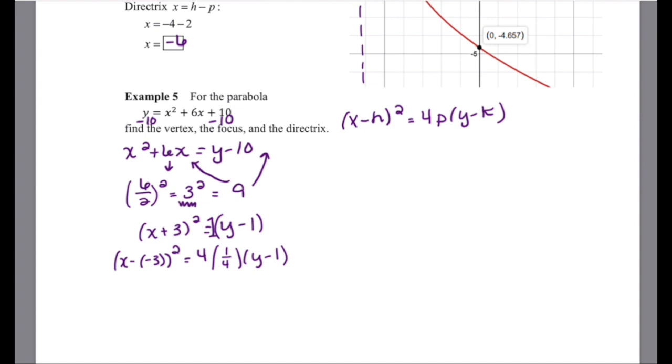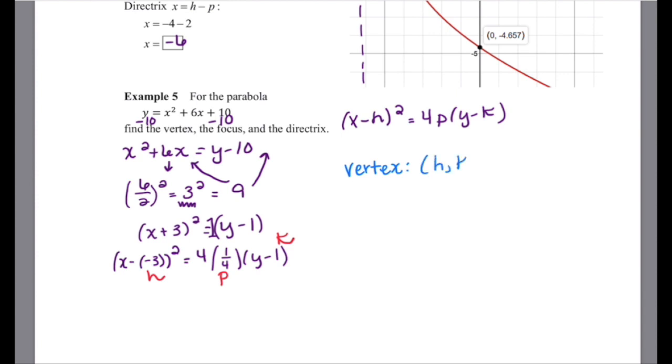We now have the pieces with which we need in order to find the vertex, the focus, and the directrix. We have our k value is 1. We have our h value, which is negative 3, and our p value, which is 1/4. So to find the vertex, using the definition on the previous page, is (h, k), and (h, k) is (-3, 1).